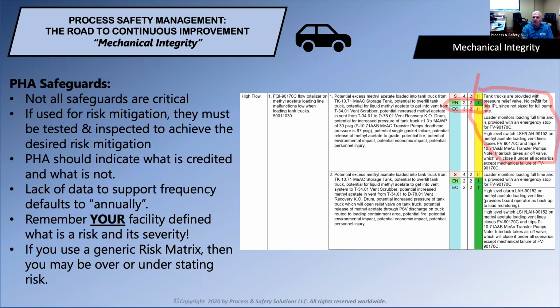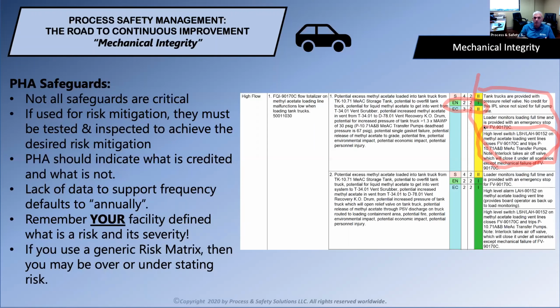We know that the relief valve would be safety critical. This happens to be on a truck, so nothing we can do about that. We also have a high level switch here. That would be a critical control. So we'd want to make sure that that critical control is, first of all, in our process safety information, and we understand what triggers that safety device.